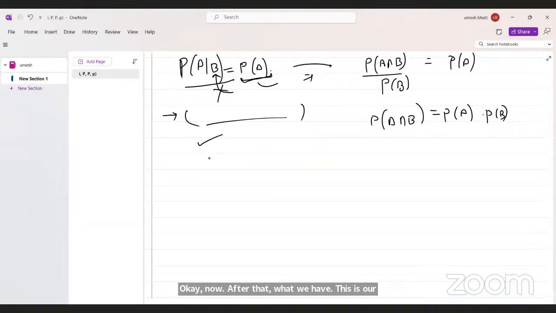Then we have the multiplication rule. What is the multiplication rule?